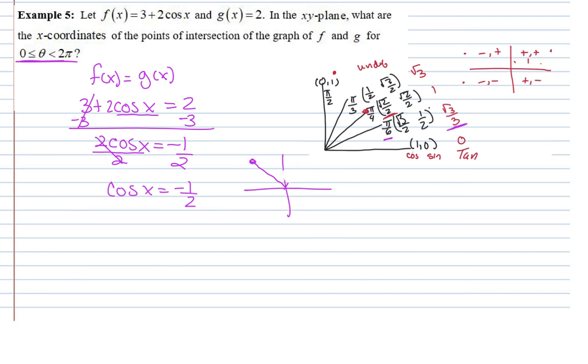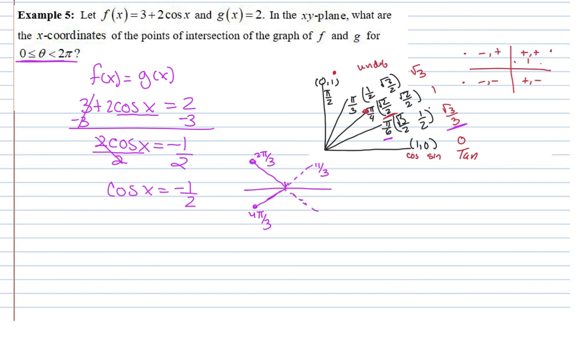It's going to be in the second quadrant and in the third quadrant. So it's going to be at 2 pi over 3 and at 4 pi over 3. Because this one is pi over 3.